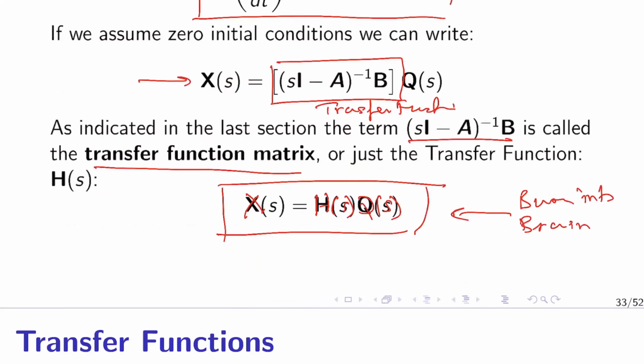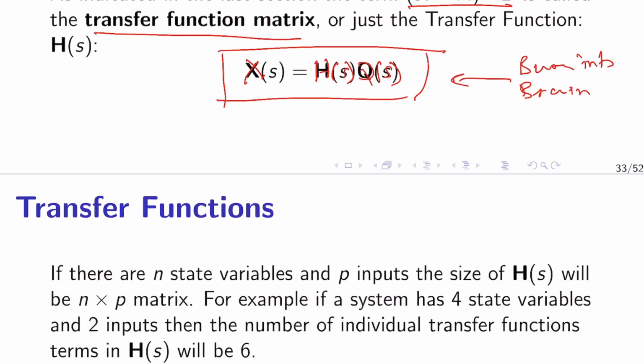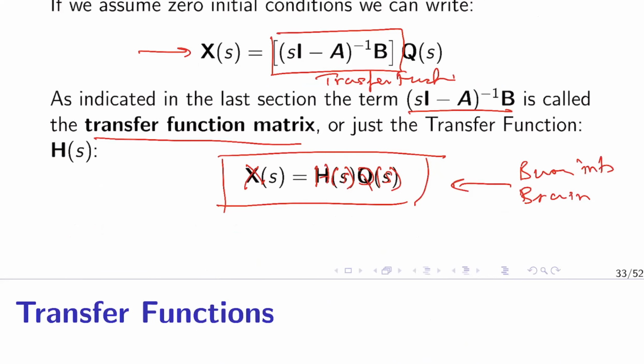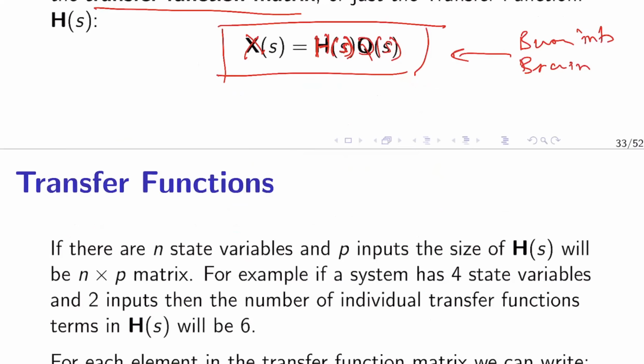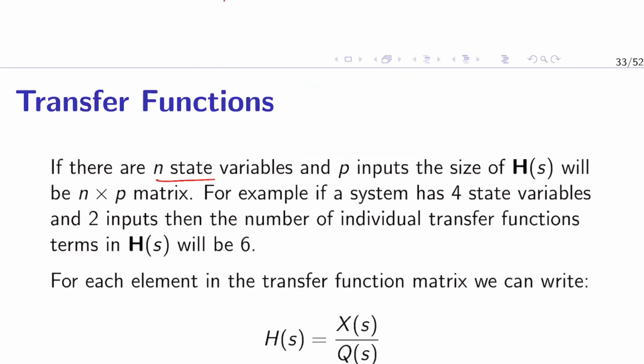Now these are matrices. So you can imagine that this H matrix has a whole bunch of individual transfer functions inside it, and that is indeed the case. If there are n state variables and p inputs, the size of the transfer matrix is n by p. So if I have 4 state variables and 2 inputs, the number of individual transfer functions in H will be 8.